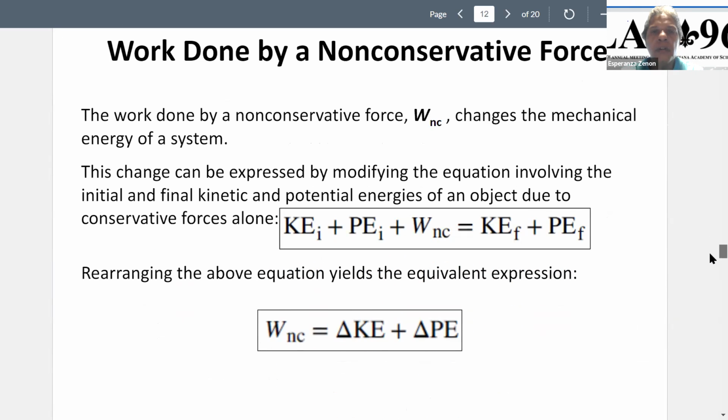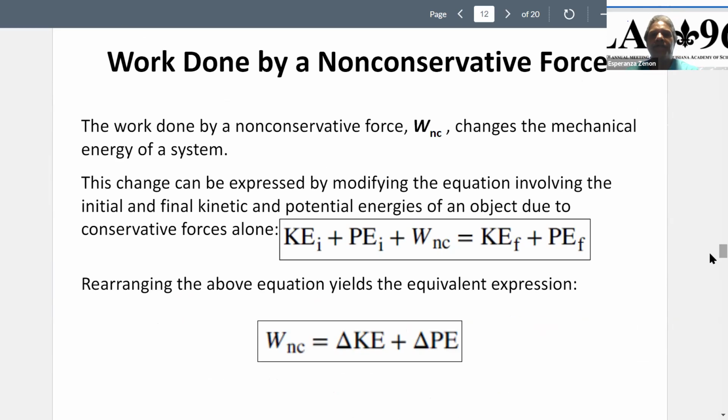And so, if we want to look at how we can account for the work done by non-conservative forces, we can rewrite this conservation equation to include the work done by non-conservative force. You can see everything else, KE and PE, are the same as before, but we added in this W_NC, the work done by non-conservative forces.